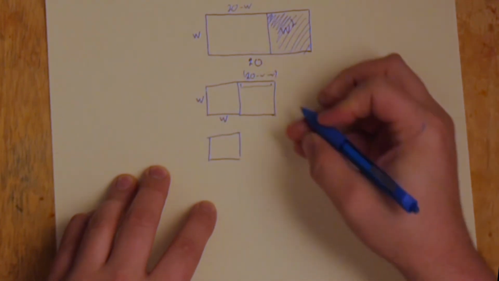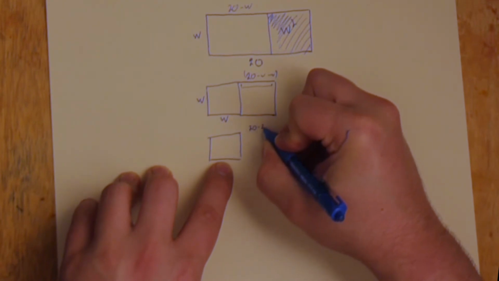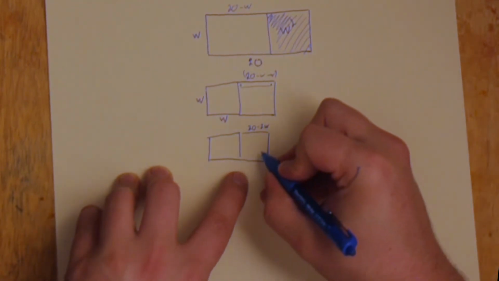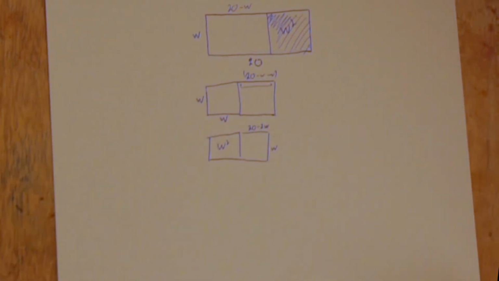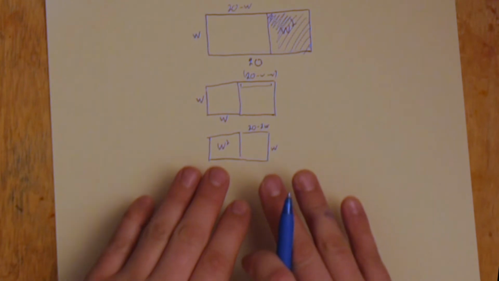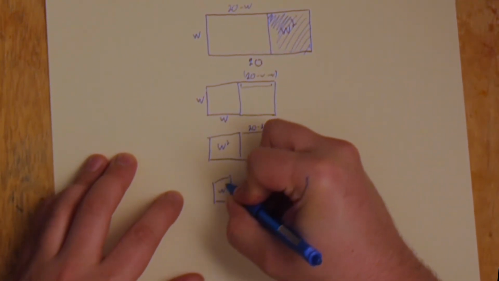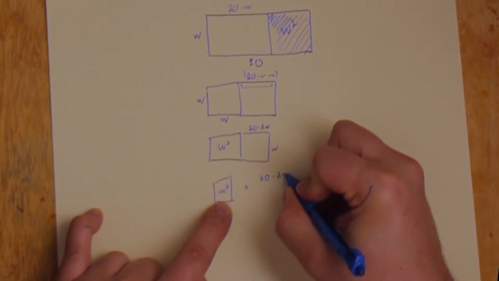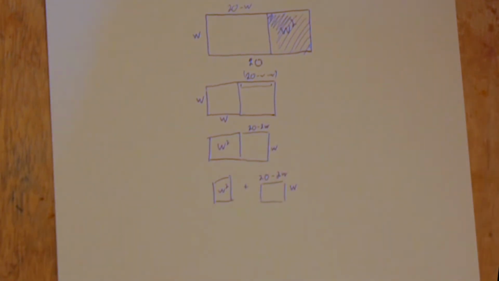If we do that, then what we have really is 20 minus 2 w's times w. And then we have this w squared here. So we've got our 2 added together. Just like before, we have w squared, and we have our 20 minus 2w times w, right? And we're going to add those together.